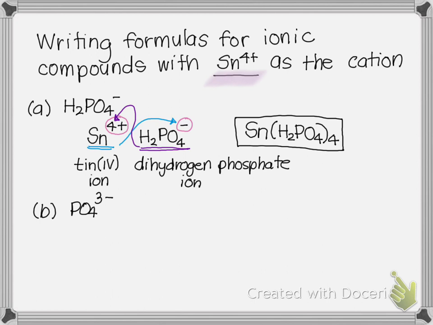So this right here would be the formula when you put the tin(IV) ion with dihydrogen phosphate. And the thing that I like about naming ionic compounds is you really just name the two ions that are present. So the name of this is going to be tin(IV), that's the cation, dihydrogen phosphate, that's the anion. So we would write it tin(IV), like that, then a space, dihydrogen.